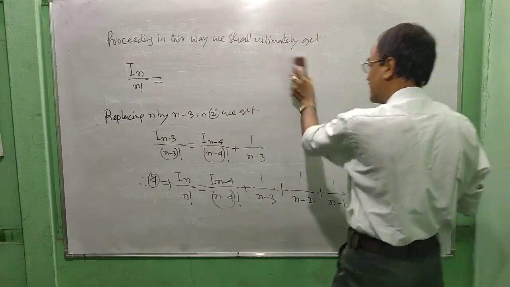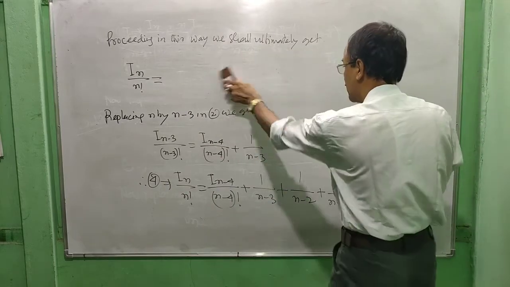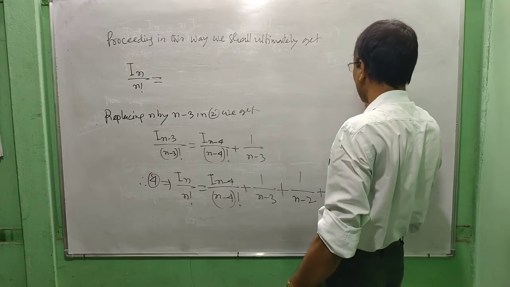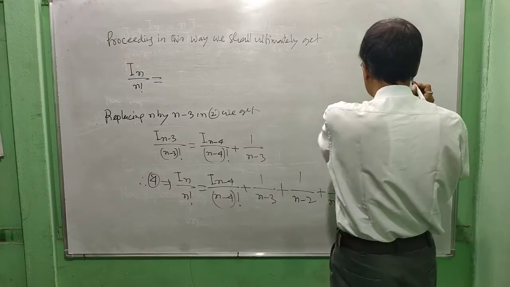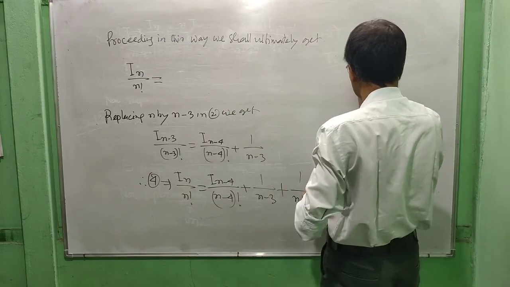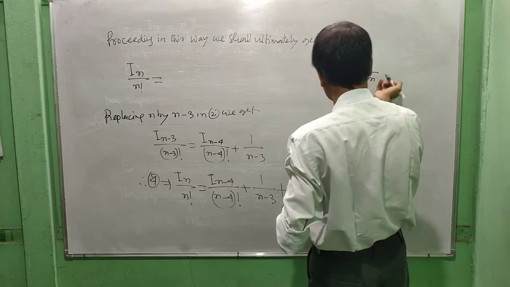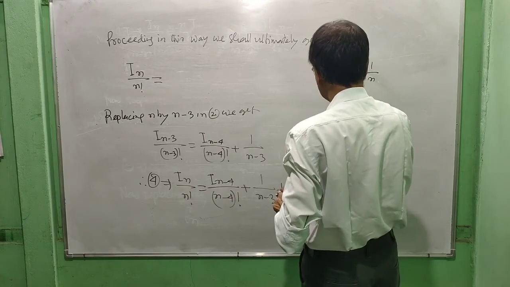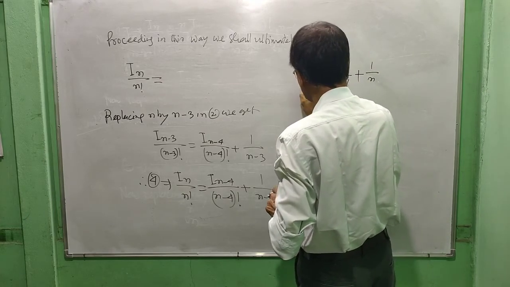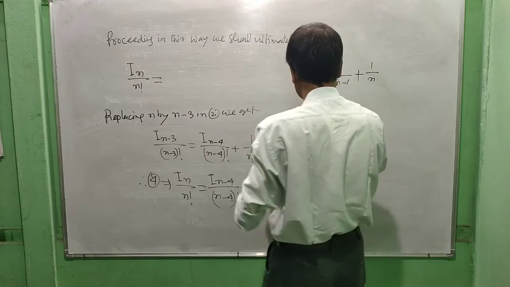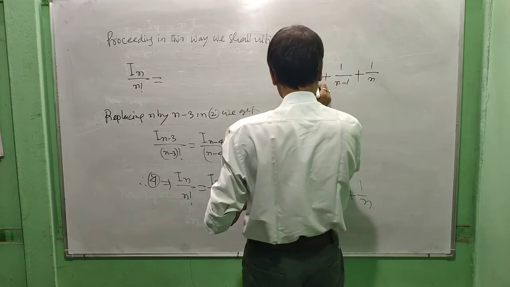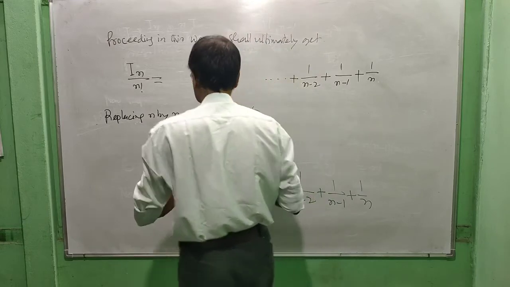We shall ultimately get, I am writing from the right side, 1 by n plus the term before 1 by n, the term before n plus 2, n minus 2, plus dot dot dot.